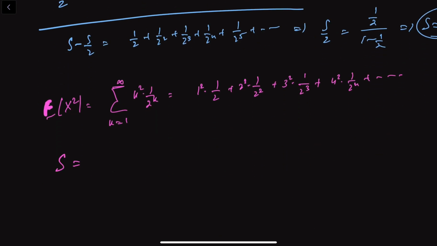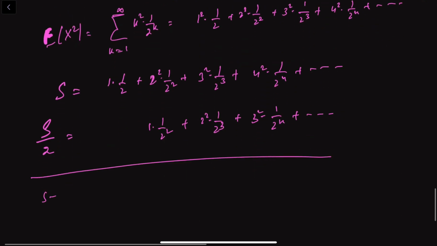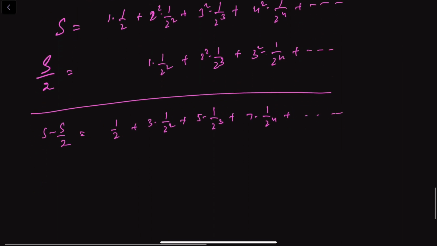Considering this as s again, s by 2 is 1 square into 1 by 2 square plus 2 square into 1 by 2 cube plus 3 square into 1 by 2 to the power 4 plus so on. So s minus s by 2 is half plus 3 into 1 by 2 square plus 5 into 1 by 2 cube plus 7 into 1 by 2 to the power 4 plus and so on.